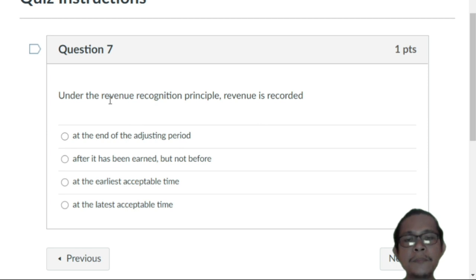Revenue recognition principle states that for us to recognize income, it should be earned, no? So dito, ang sagot mo, after it has been earned, but not before. Hindi pwedeng at the end of the adjusting period. O kaya naman, at the earliest acceptable time or at the latest acceptable time. Okay, so that is your answer.